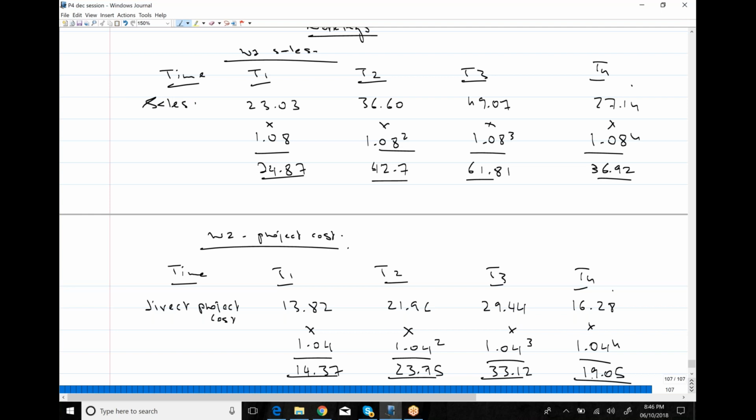Okay, then in this project we don't have any other cost. Okay, we're only given with project cost.